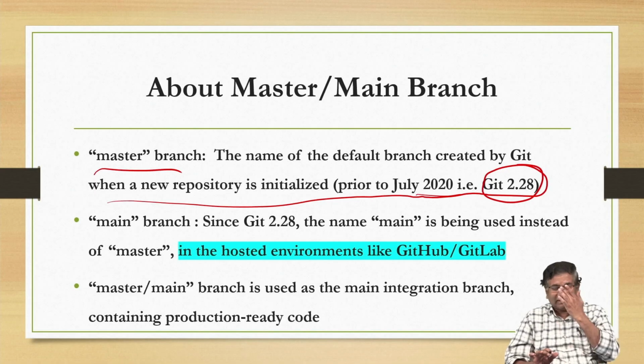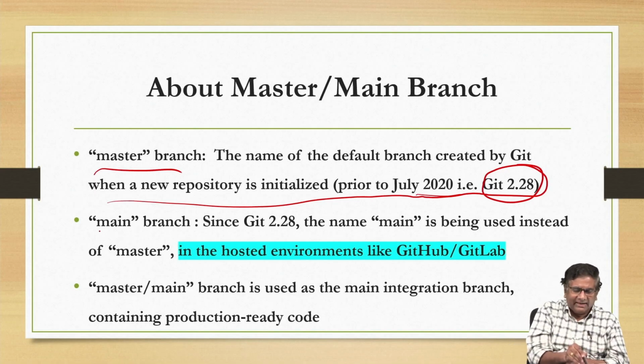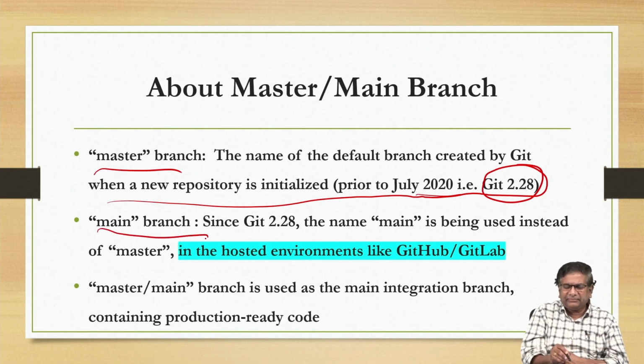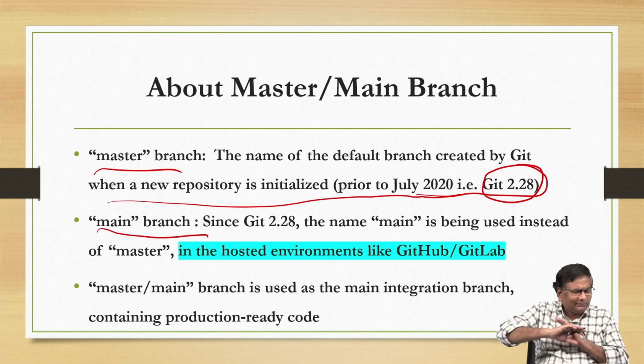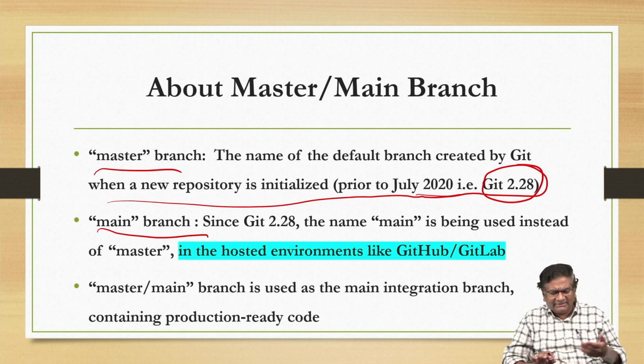Locally it still says master branch, but in GitHub or GitLab, when you create a branch, it will normally say main branch. You can also create a main branch locally. If you don't want a confusing name, you can still use the master name in both places, absolutely fine, but it is just a convention.